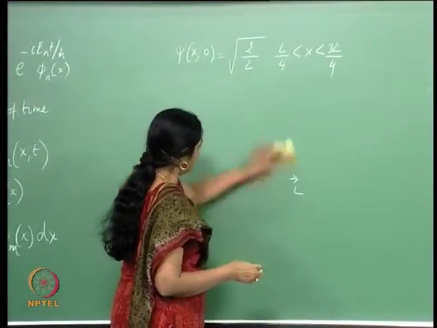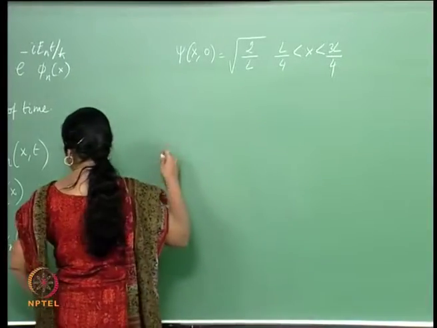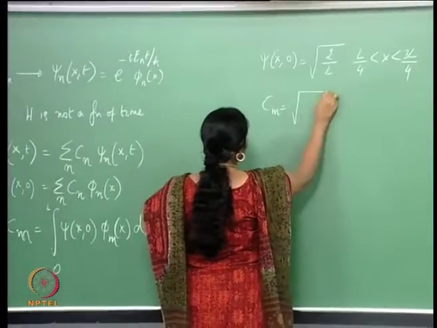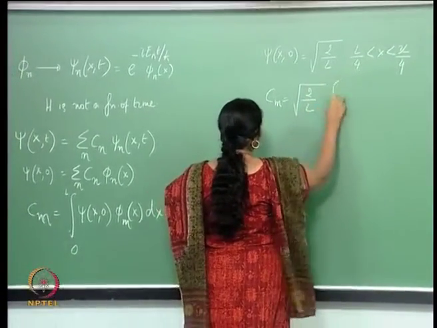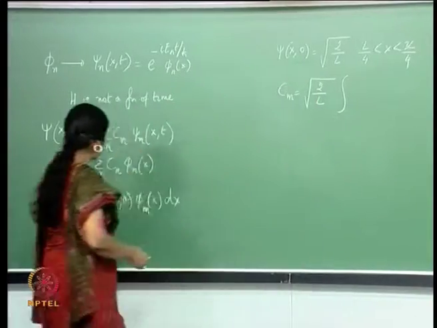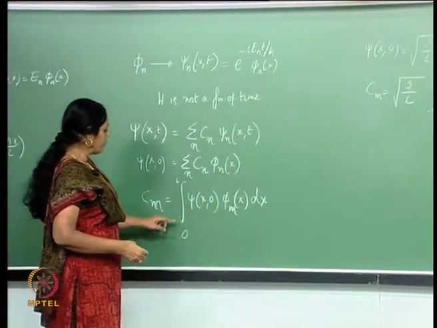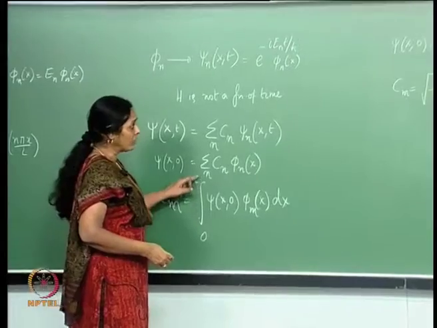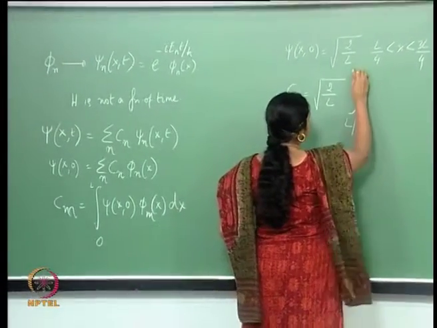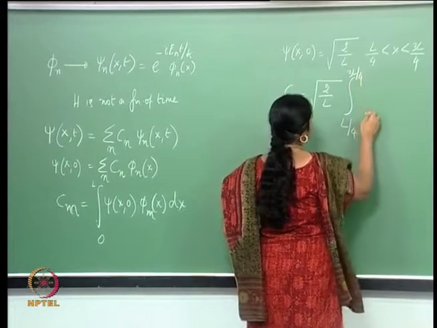So, in this example, C m is root of 2 by L. Since psi of x, 0 vanishes everywhere except from L by 4 to 3L by 4, this integral needs to be done only within those limits.